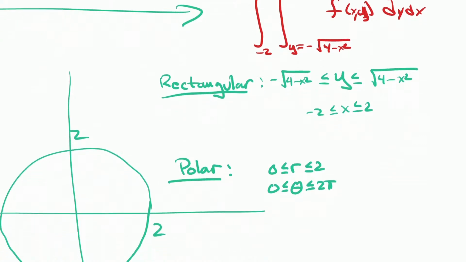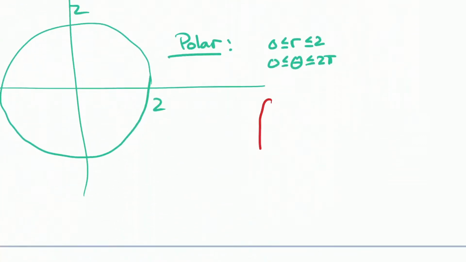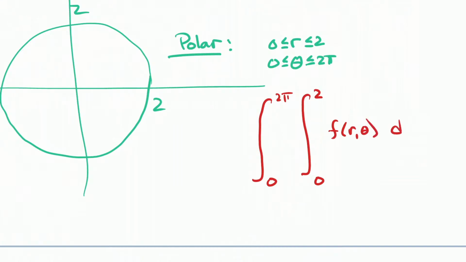And then in polar coordinates, here's what this looks like. You have 0 to 2 pi, and then 0 to 2 of some function of r and theta now, dr d theta.